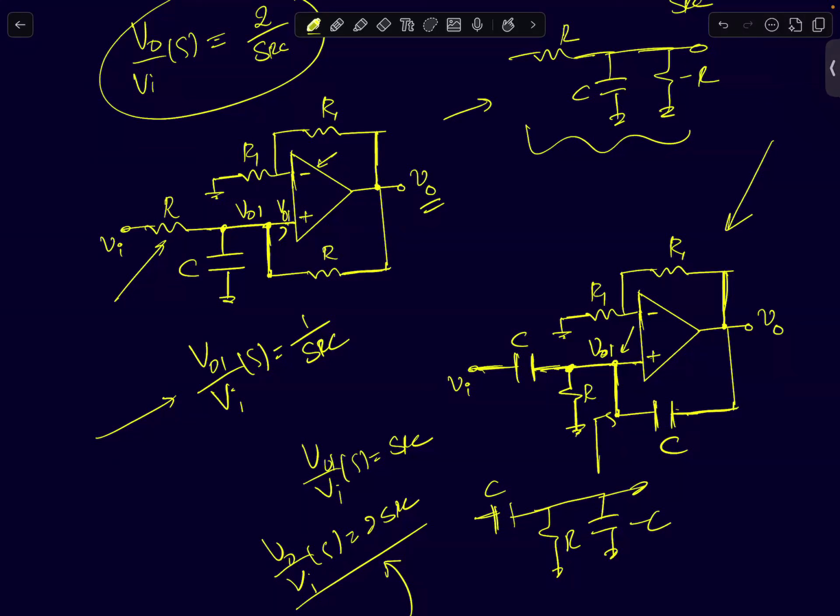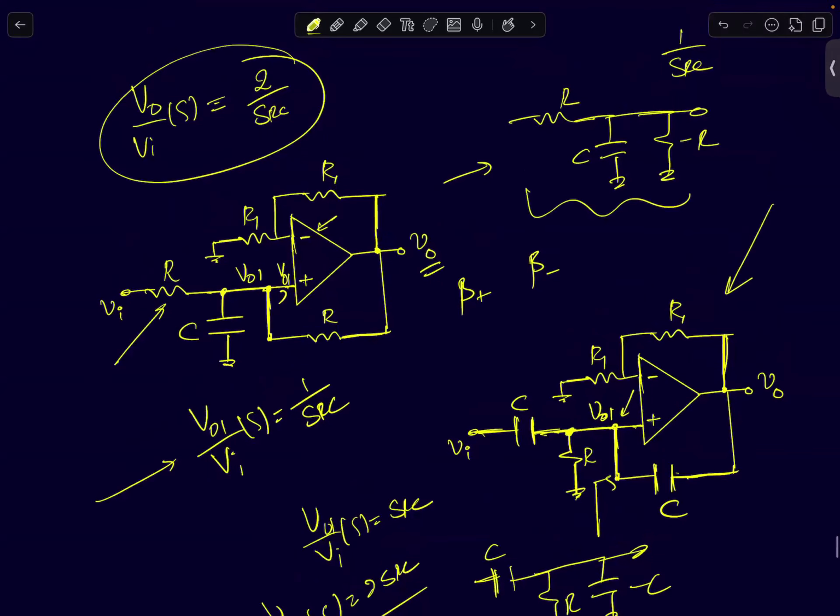You'll have to find the beta positive and beta negative. Usually, for the circuit to have a steady state, a stable operating point, you need to satisfy this condition. Let me write it as beta plus and beta minus this way. The negative feedback factor should always be greater than the positive feedback factor. Slightly greater. They may be equal, but slightly greater. This condition has to be ensured.